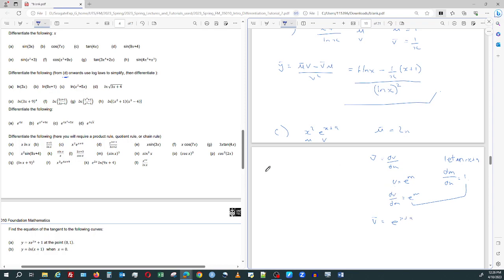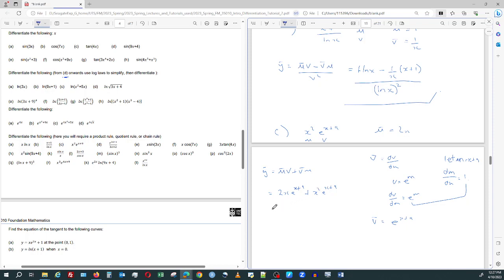So our product rule is u dash v plus v dash u, which is equal to 2x e to the x plus 9 plus e to the x plus 9 times x squared.